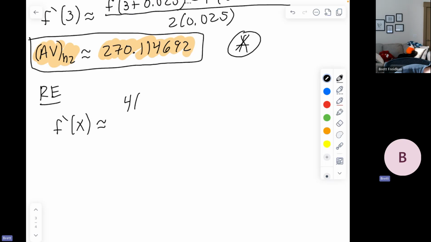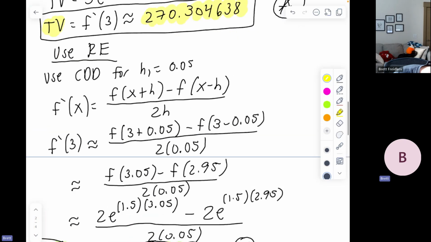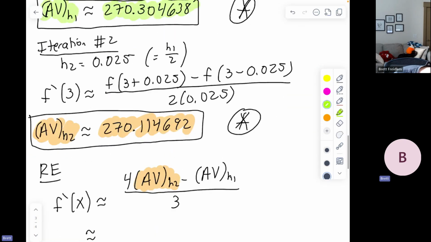So this is 4 times the second iteration minus the first iteration divided by 3. And based on our highlighting, this is orange, and green is the true value.